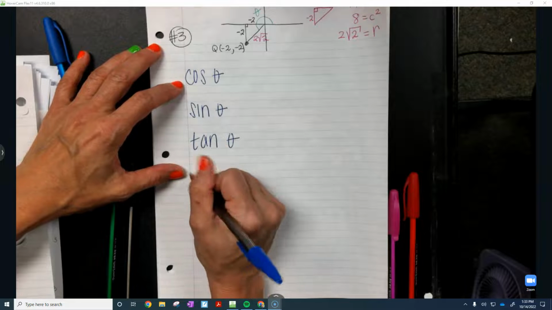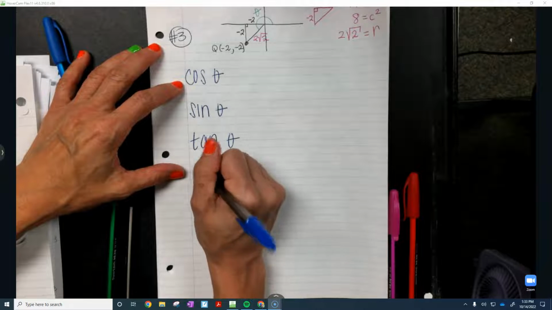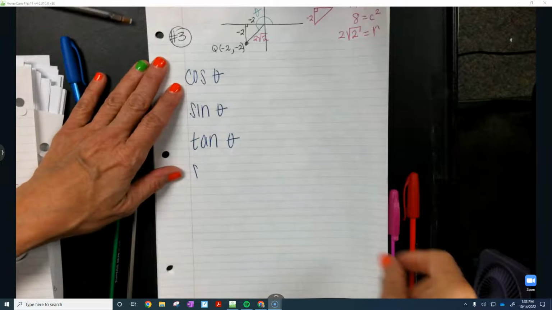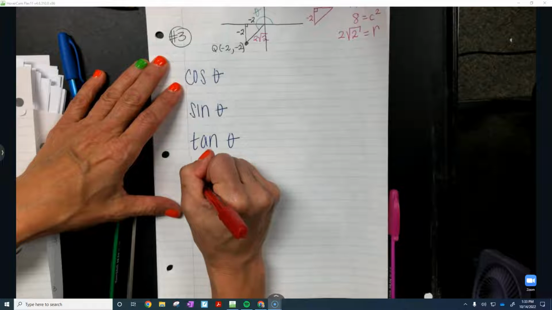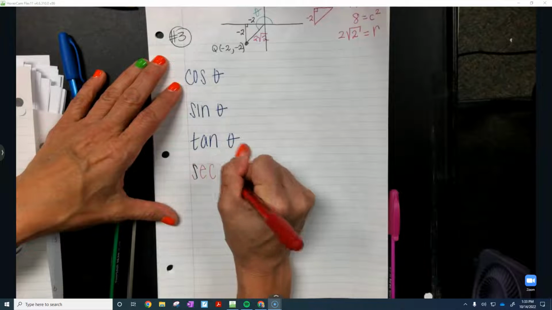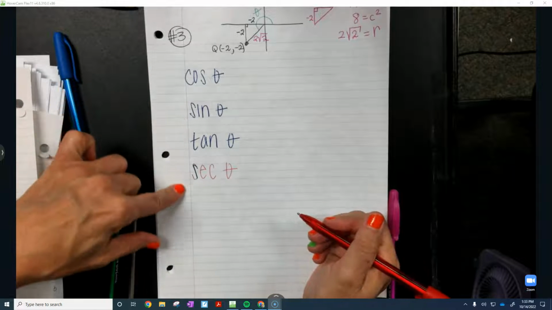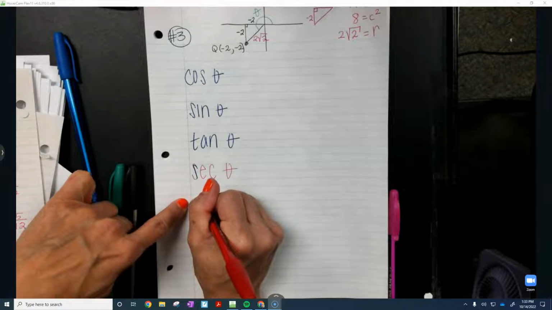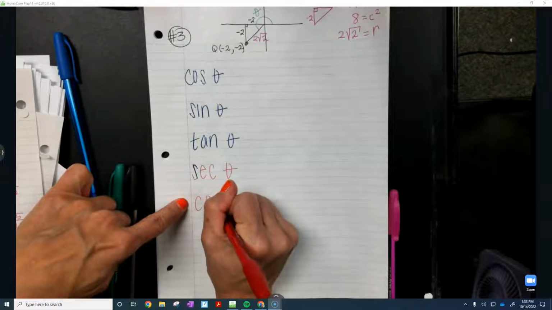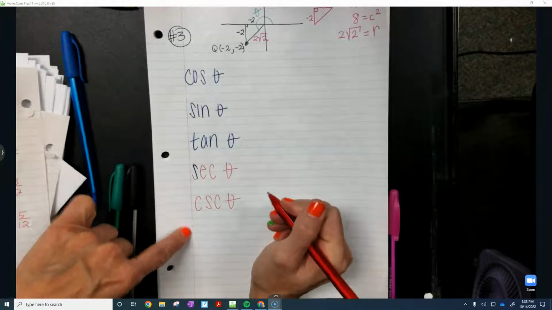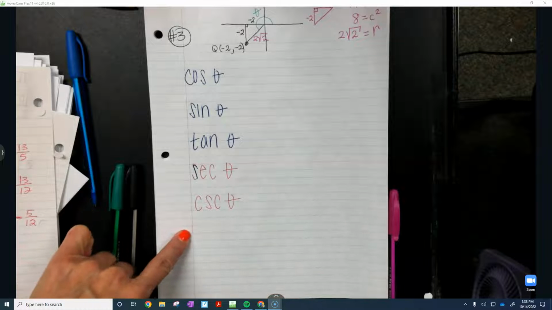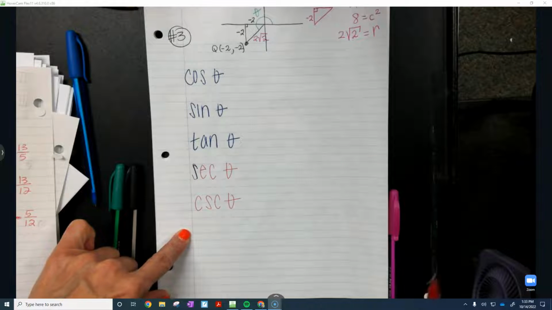I know it starts with an S. Secant, S-E-C. What about sine? It starts with S. So what is its reciprocal? C-S-C, cosecant. That is correct. And then what's that other one that's so easy to remember? Cotangent, C-O-T.